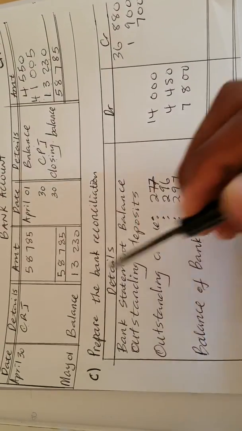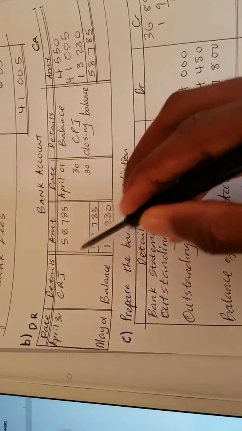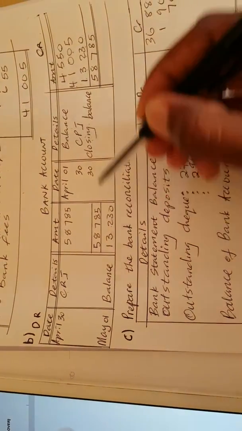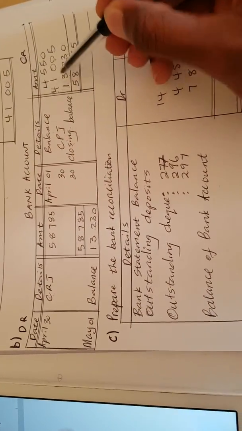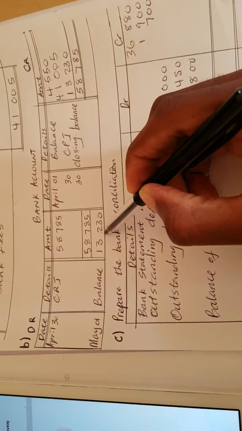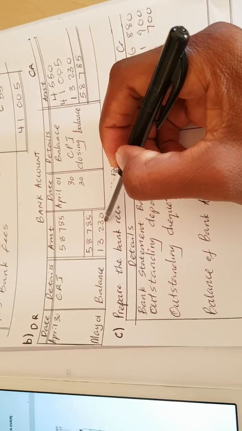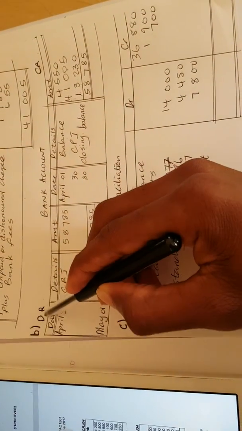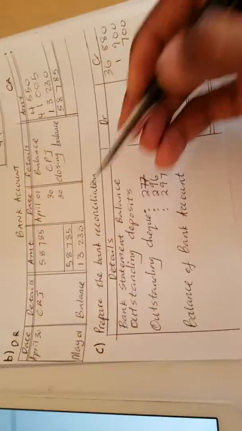This balance is on the debit side because we closed on the credit side. So next month the opening balance will be on the debit side, meaning the bank account has a favorable balance, because bank is an asset, which is positive on the debit side. So we have a debit balance of 13,230.